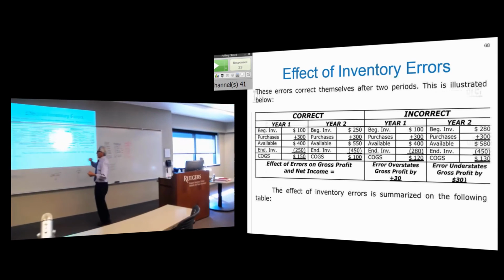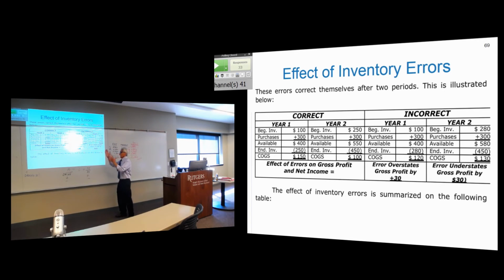If you're looking up at the screen, you'll see that I have beginning inventory of 100, purchases of 300, 400 available, with an ending inventory of 250, so cost of goods sold is 150.